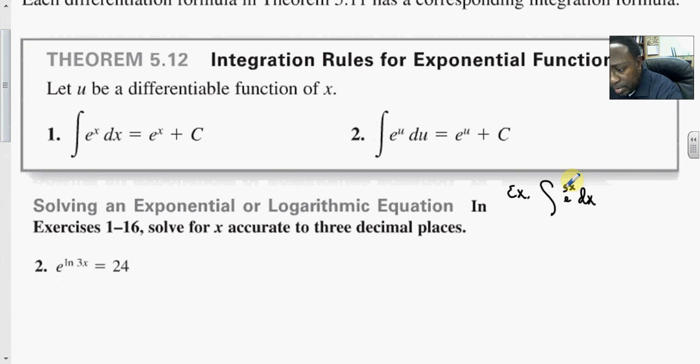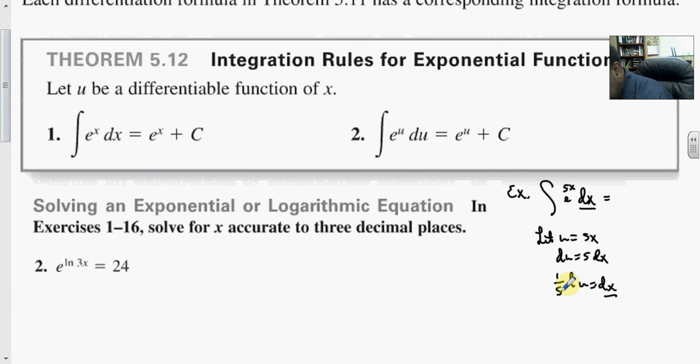No, because here, this 5x is a u. So here, we let u equal 5x, du is 5 dx. So watch this. Now, 1 over 5 du represents dx. This dx is this dx here.